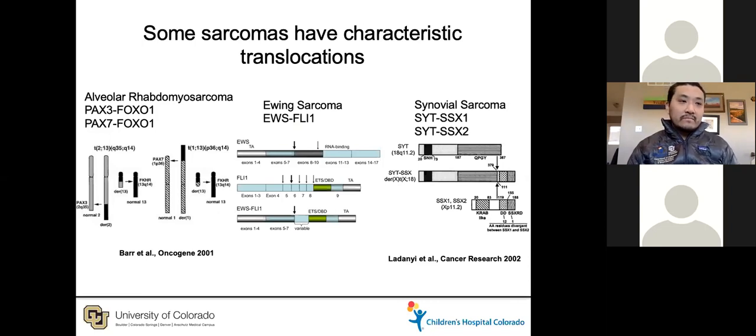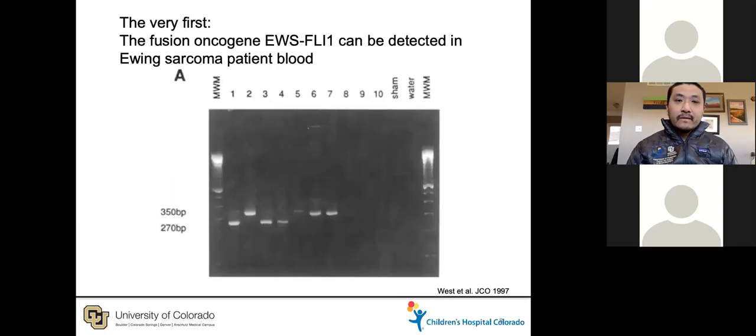Nowadays, many times clinicians call these fusion-positive rhabdomyosarcomas or fusion-negative rhabdomyosarcomas. Ewing sarcoma has a characteristic fusion, EWS-FLI1, which we'll get into a little deeper later. And synovial sarcomas have SS18-SSX1 and SSX2, which is a very characteristic translocation.